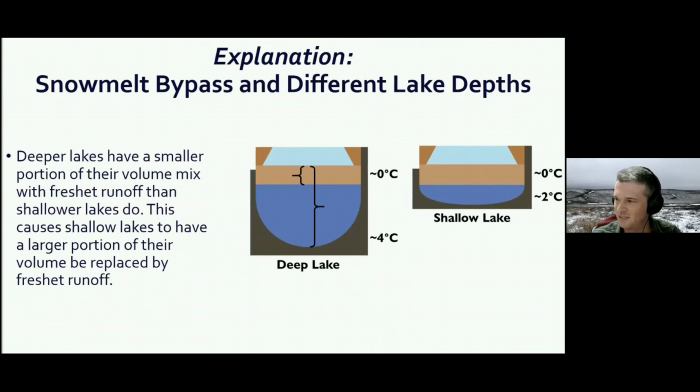So you end up with the same thickness of freshet runoff layer under the ice, but in a deeper lake, that's likely a smaller relative volume of the lake than in a shallower lake. That seems to explain why we get this strong relationship between lake depth and lake water replacement.